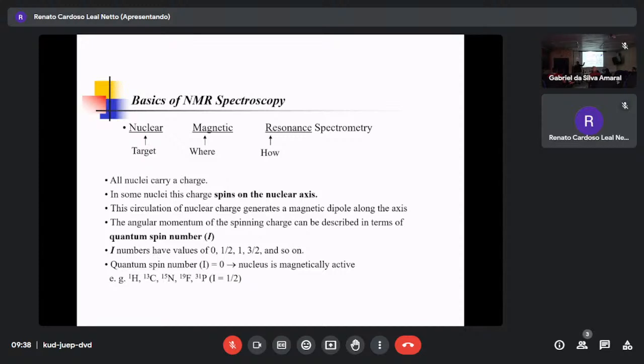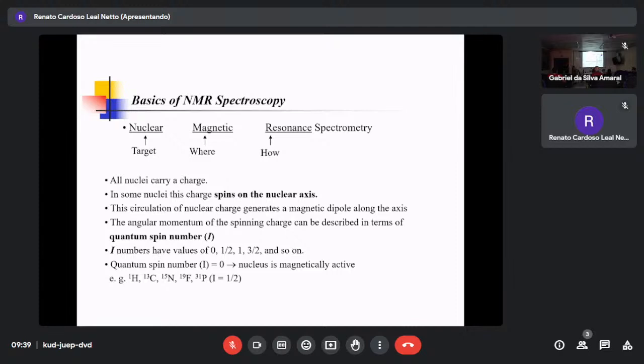There is a warning: don't get close, or you will die, right? Because ions, charged material, are moving, and then magnetism is generated. So if a charged material is moving, then magnetism is generated. What's the magnetism? North and south, right? Let's keep that in mind.